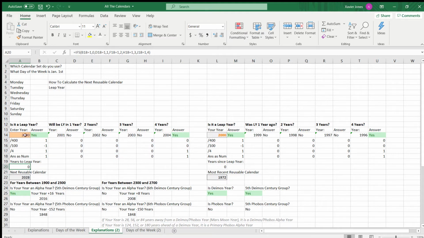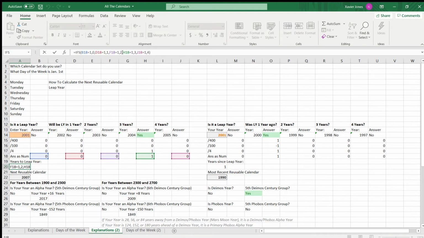If the value, for example, was 2001, well, all of a sudden, now it's 3 years to our leap year. Well, how did that happen? Well, that was from us putting in the fact that if it is 3 years to our leap year, then we say that it is 3, right? So we say for this, H18 equals 1, then the answer is 3. I did skip a couple of steps because I didn't quite think this through, but that's fine.